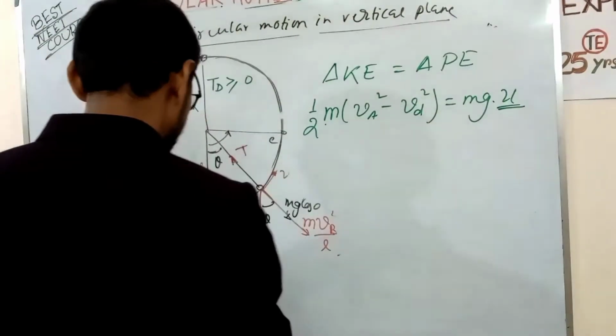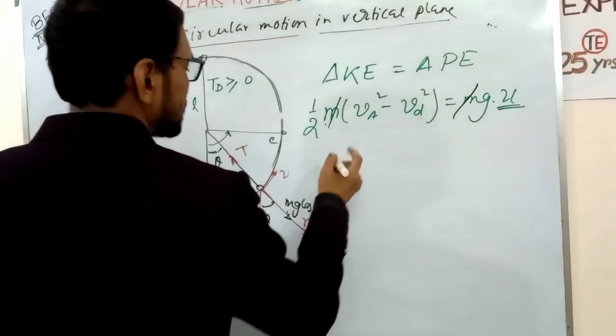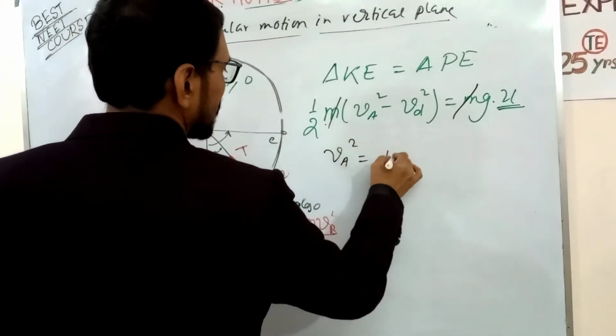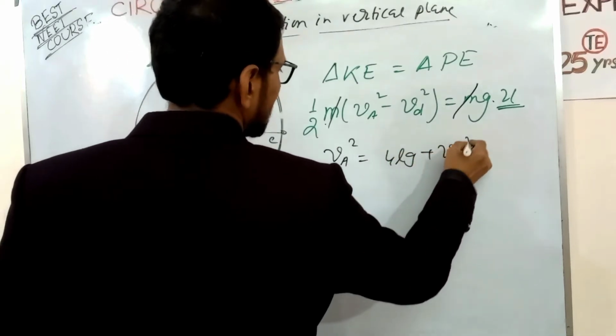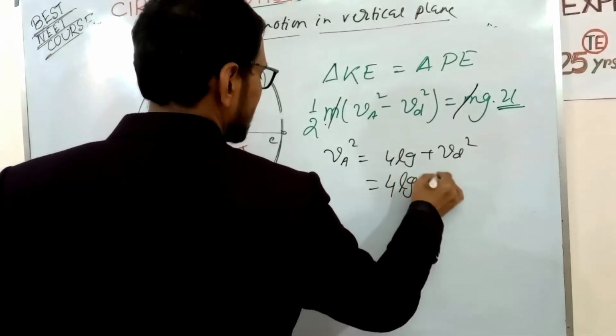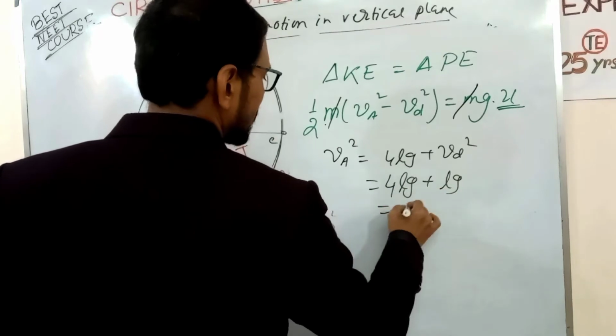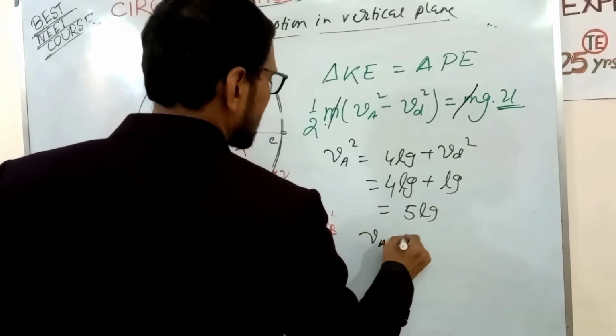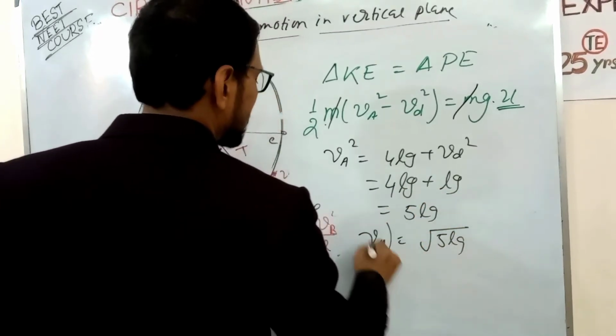Now cancel, we get v square equal to 4lg plus vd square, so 4lg plus lg, 5lg, so v equal to root over 5lg. This is the minimum velocity.